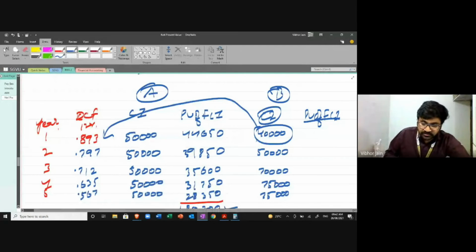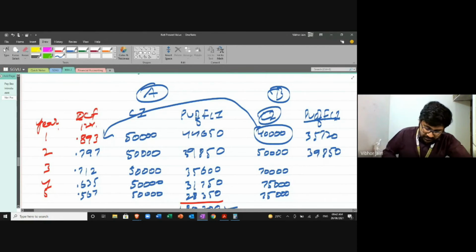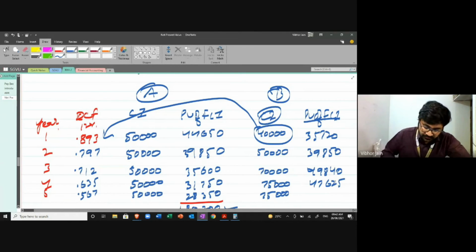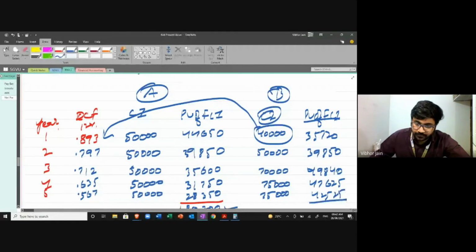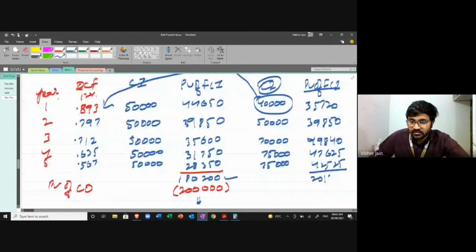Okay. 40,000 into 0.893 equals 35,720. 50,000 into 0.797 equals 39,850. 70,000 into 0.712 equals 49,840. 75,000 into 0.635 equals 47,625, and 50,000 into 0.567 equals 42,525. And if I add all this, it is 201,385.